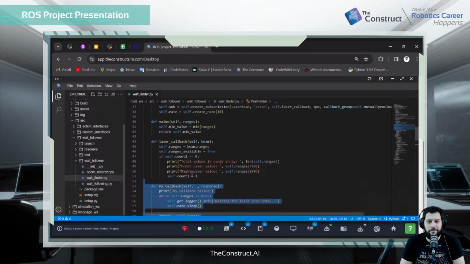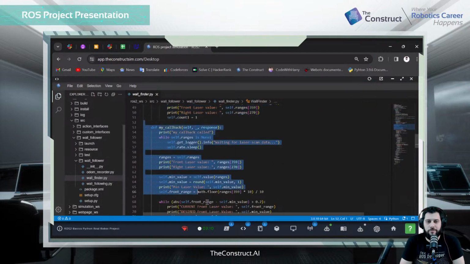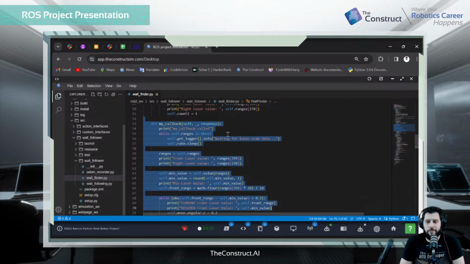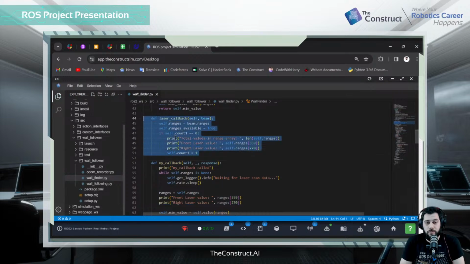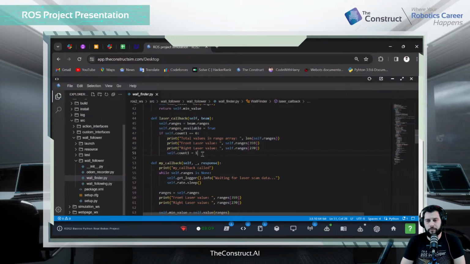So this laser callback function is not triggering, and I'm not getting data from it. Whenever I access the laser data in my callback function, I'm getting a 0, because this is not running simultaneously. So I searched and came to know that there is another concept, which is multi-threading and executors.